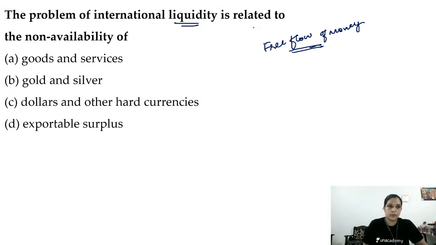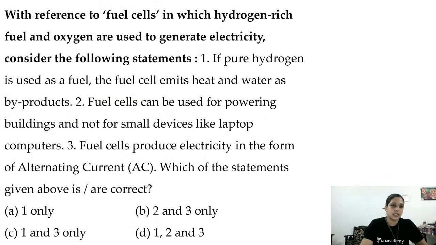So it relates to the availability of dollars and other hard currencies. Liquidity will be high when they are available. Goods and services do not have to do with liquidity, nor does exportable surplus. It is based on dollars and hard currencies.